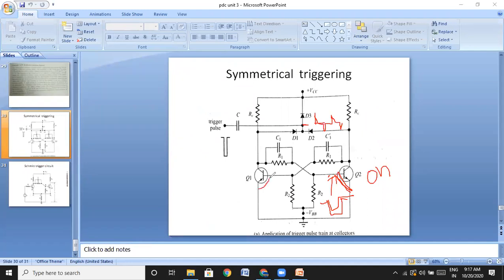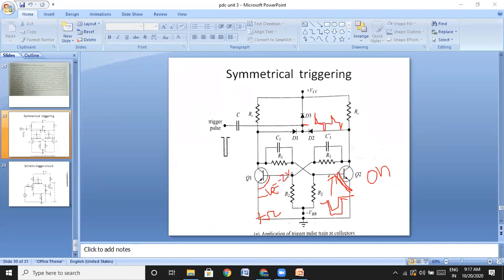If you see the off transistor, the VBE voltage will generally be negative here. Therefore we have to apply a positive pulse for an off transistor in order to make it on, because VBE is negative, generally of the order of minus 1 or minus 2 volts.